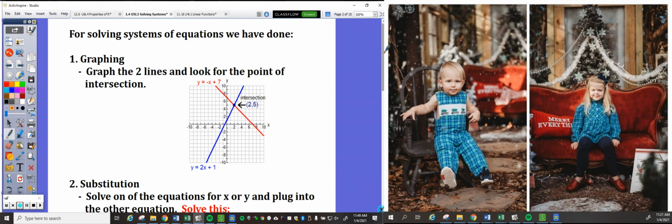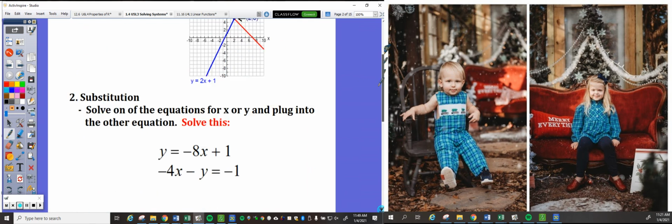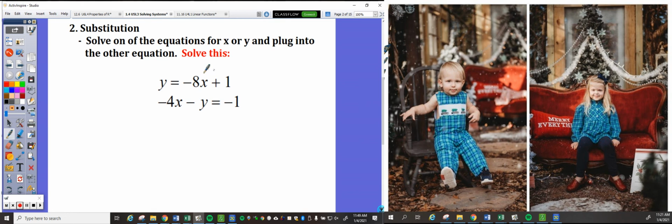The second one was substitution. I'm going to let you guys practice this. Find the ordered pair. Solve this system through substitution. So if we let y equal -8x plus 1, then we're going to take whatever this y value is and plug it in here for y. So I have -4x minus what y equals, which is -8x plus 1, and that's going to equal -1.